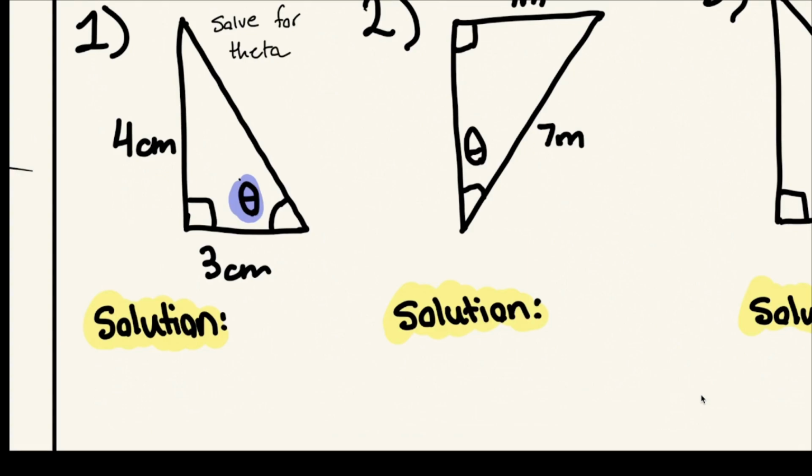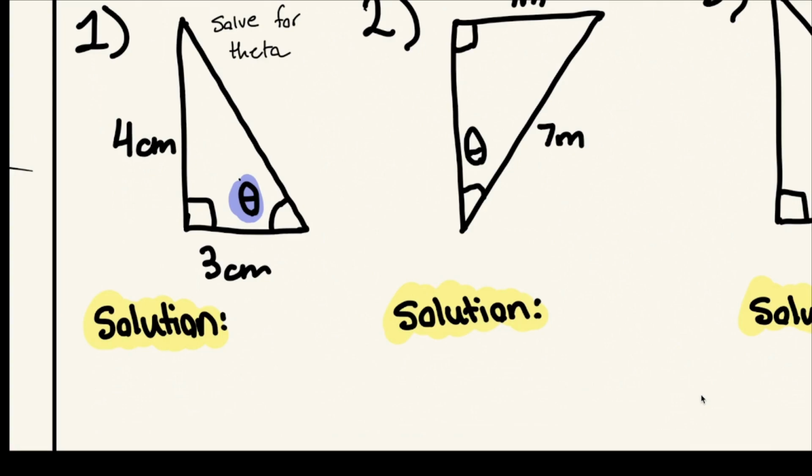We are given two side lengths. We don't know which side lengths, and we have to figure out how we can solve for theta given the information we have. We can use a primary trigonometric ratio to help us. What side lengths are we given? Well, we would know if we label the triangle.